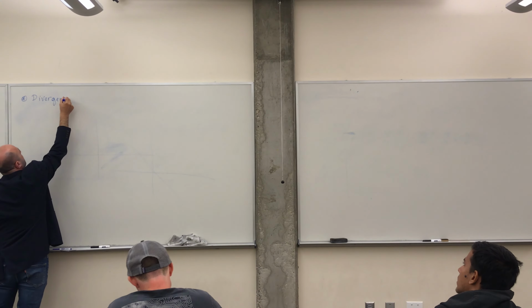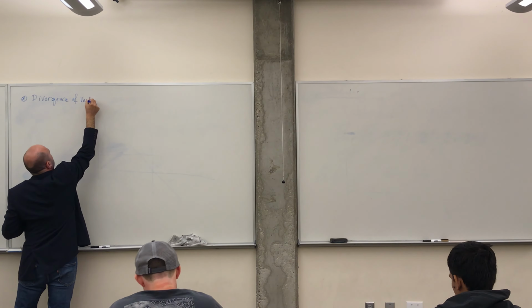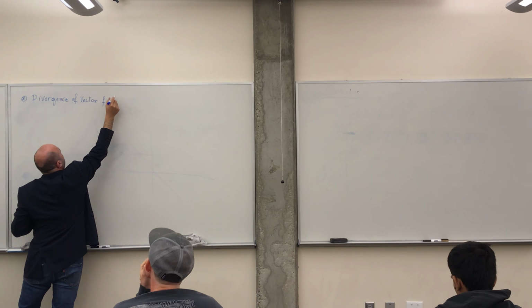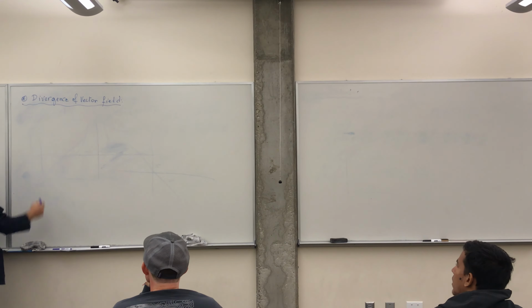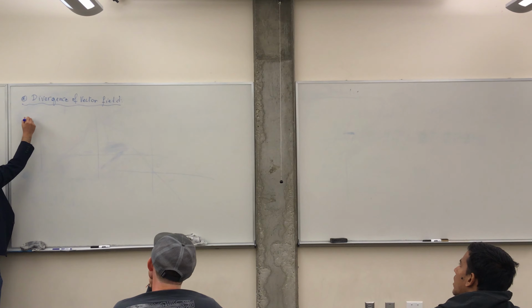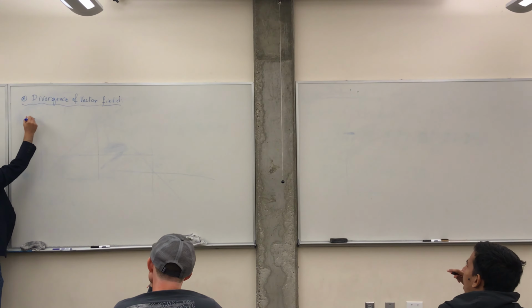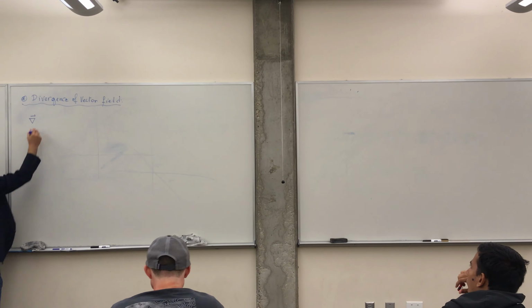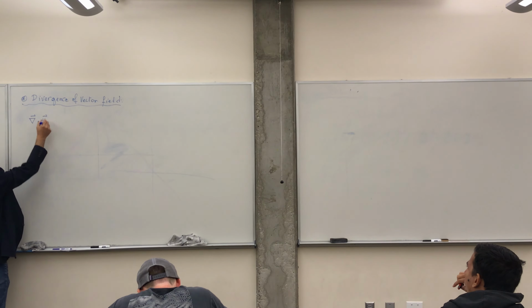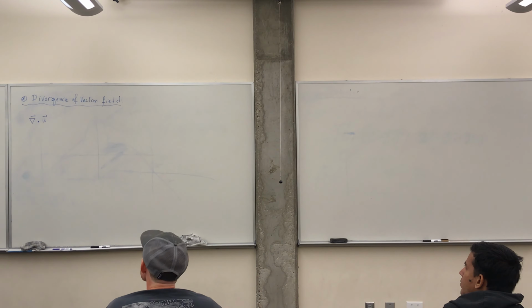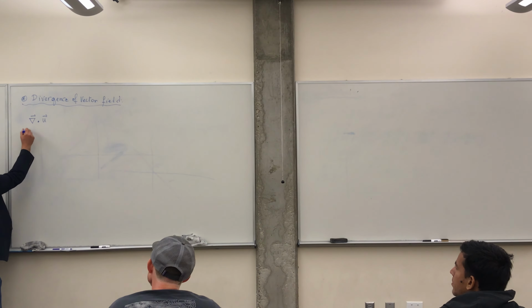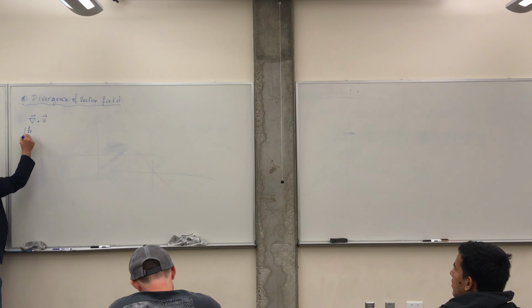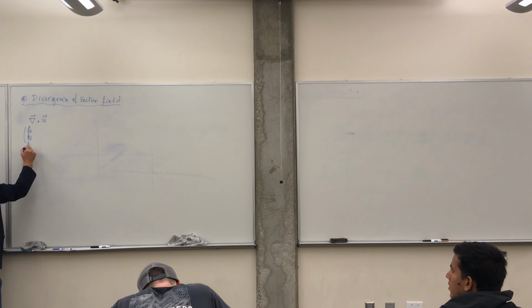Divergence of a vector field. And I'm going to refer to the velocity. Again, this operation is actually the dot product of the nabla vector with the velocity vector u, or any other vector. Now, one way to remember this is to simply treat nabla as a vector with three components: d by dx, d by dy, d by dz.